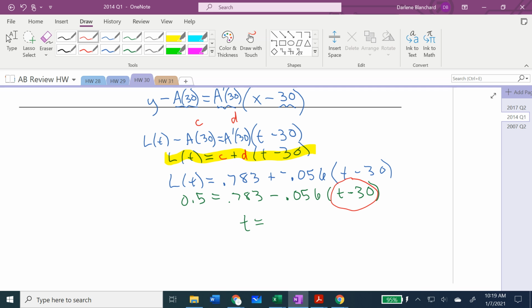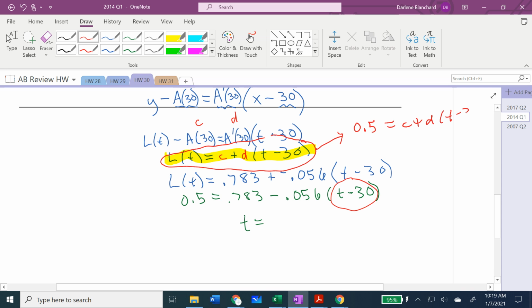So to isolate t, my last thing is to add 30 to that number. And honestly, it's probably easiest to do putting in the calculator if you have written down on scratch paper what you have chosen for letters. And then you can just sit there and write 0.5 equals C plus D times t minus 30.